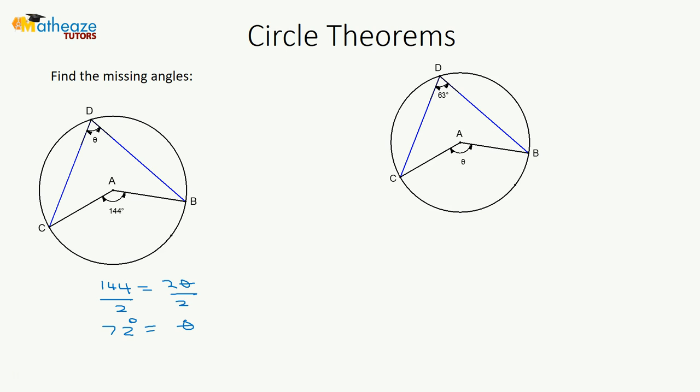So here in this diagram, it's the angle at the center, so the angle at the center must be twice the angle at the circumference, which is 2 times 63 degrees, which is going to give us 126 degrees.